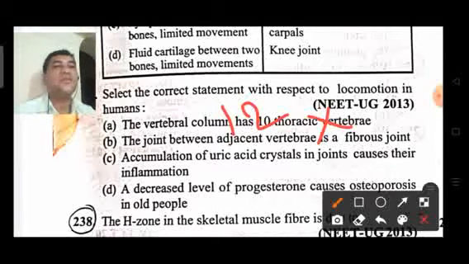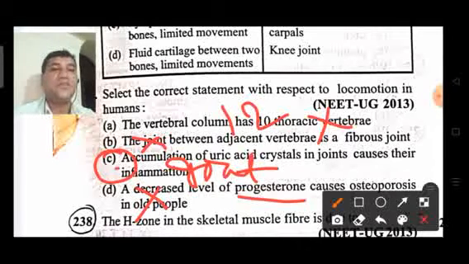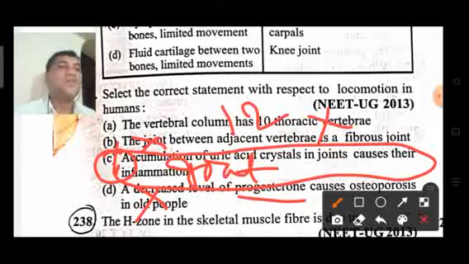It is made up of flexible joints, so this option is also wrong. Accumulation of uric acid crystals in the joints causes their inflammation, that is called gout. So this might be the answer. A decreased level of estrogen, already we have discussed, so this is also wrong. So option C is the right answer, that is gout.